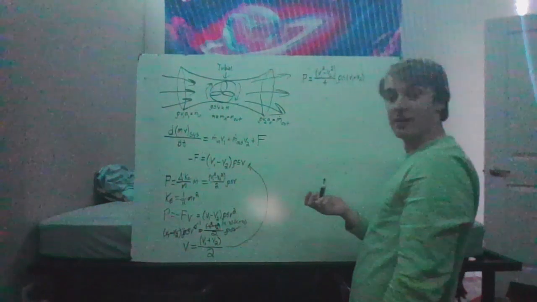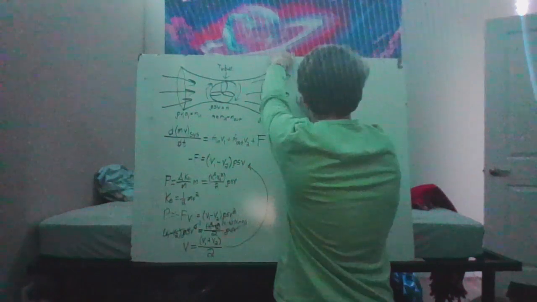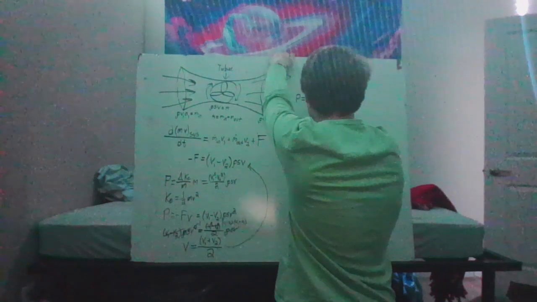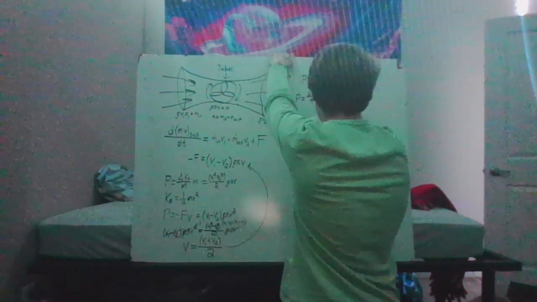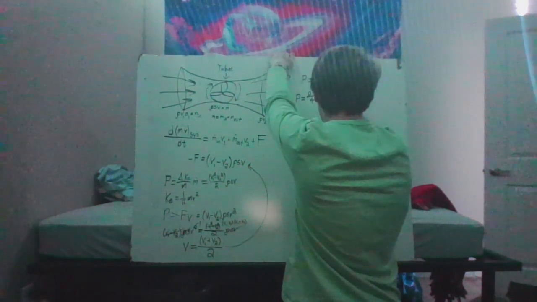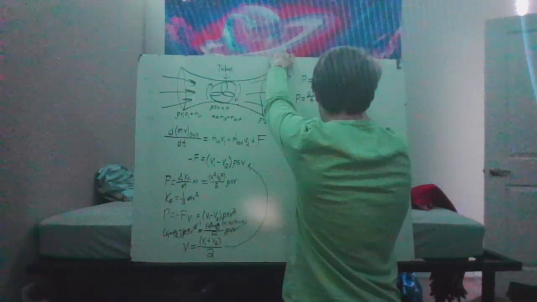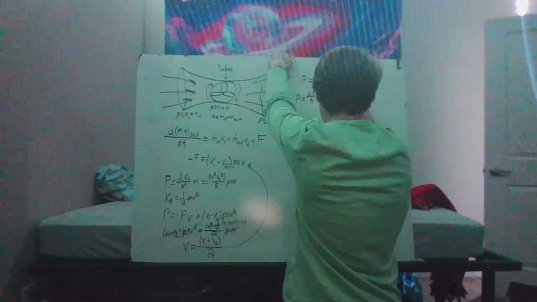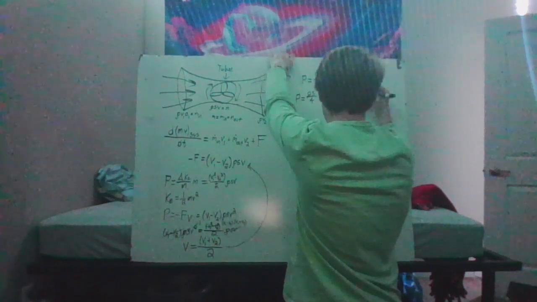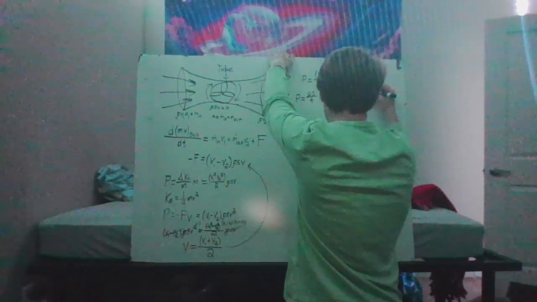And now what we can also do is combine these like terms. We'll have rho S over 4, and then we'll have v1 to the third plus v1 squared v2 minus v2 squared v1 minus v2 to the third.